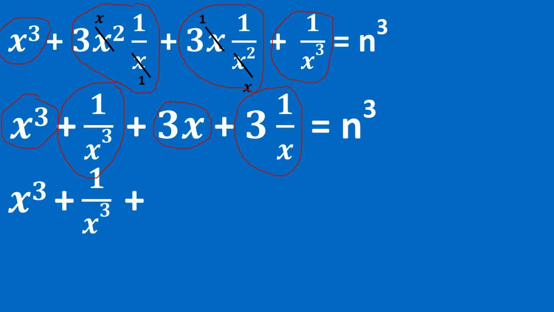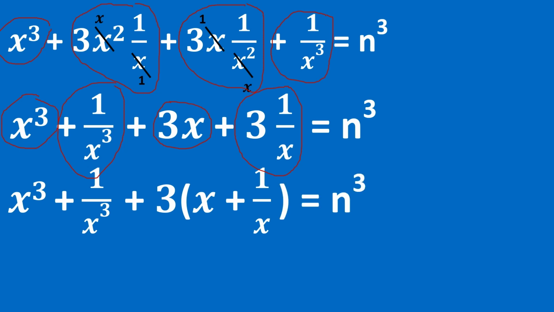So we have x cubed plus 1 over x cubed plus 3 into x plus 1 over x. You notice what we did here was to simplify, or rather factorize, what we had here. So when we factorize, we simply have 3 into x plus 1 over x, bracket close.